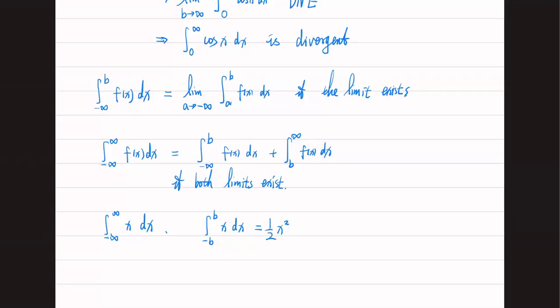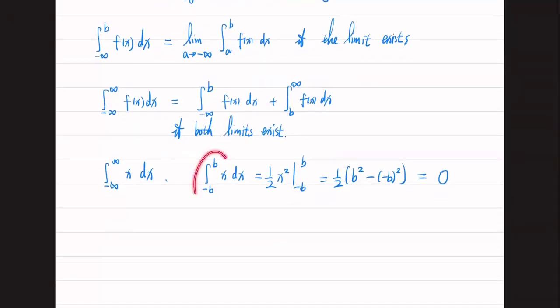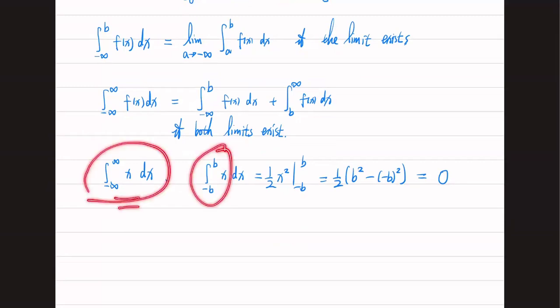Yes. Then b squared minus b squared, which is 0. For any b, this integral is 0. But we cannot conclude that this integral is 0.